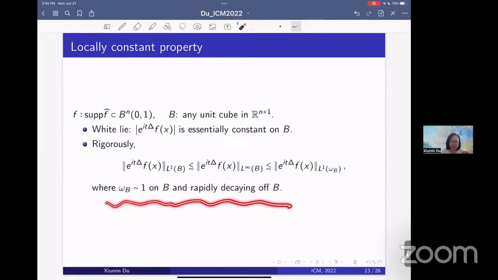So over this unit cube B in dimension n plus 1, all these Lp norms are essentially equivalent. Therefore, for integral purposes, we can treat the absolute value of the Schrödinger solution as a constant on any unit cube.